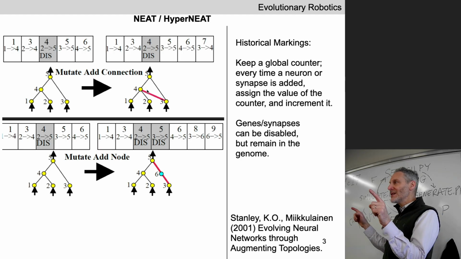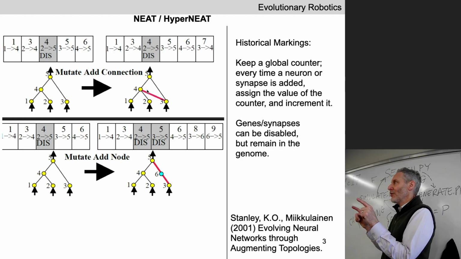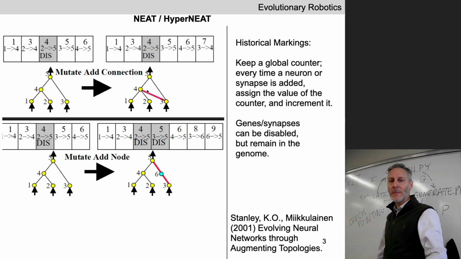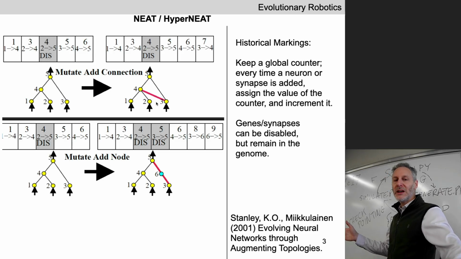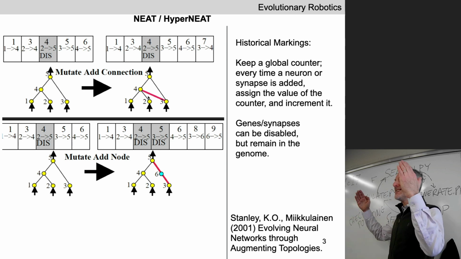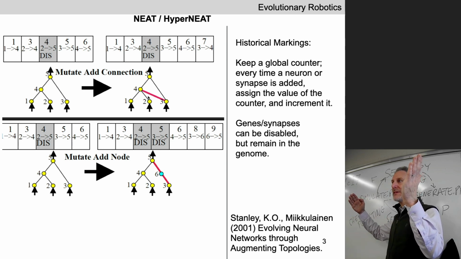Because these 2 siblings have a bit of their genotype that has the same innovation number that came from a common ancestor, however this synapse is contributing to the behavior of this neural network, the way this neural network transforms its input into an output, synapse 7 is probably contributing in similar ways in the 2 siblings. Everybody see that?